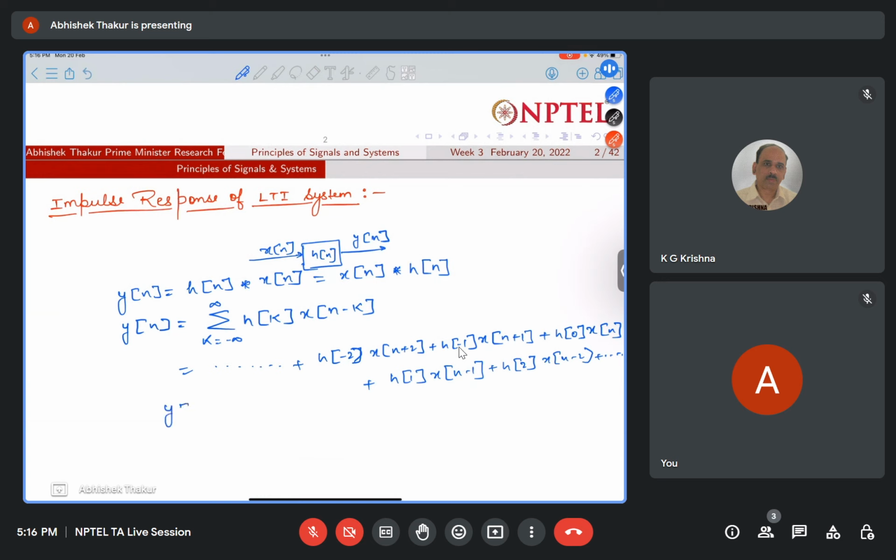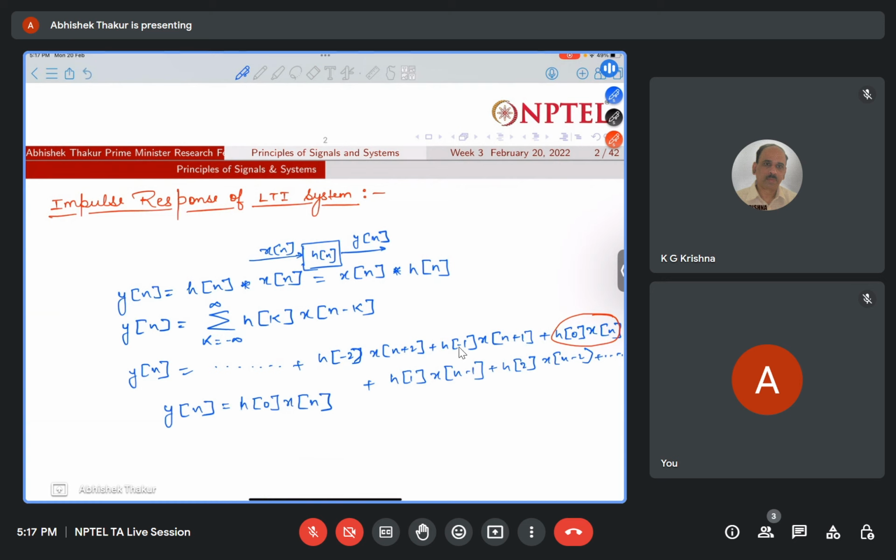In the expansion, the only term with x[n] is h[0] x[n]. All terms where y[n] depends on other input values like n plus 1 or n plus 2 must be 0.